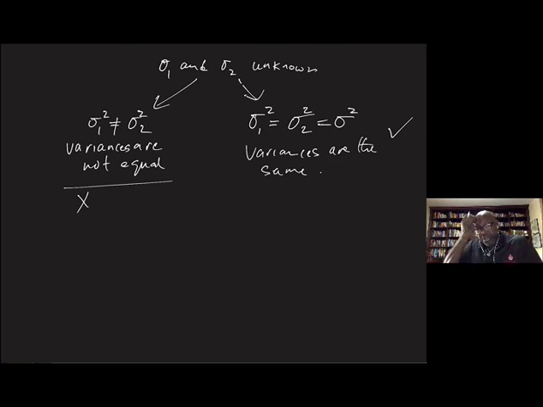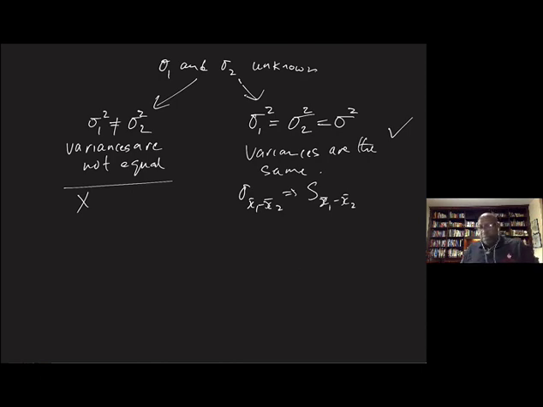And in the case where the variances are the same, we will estimate sigma x bar 1 minus x bar 2 by this s x bar 1 minus x bar 2. In other words, sample estimates population parameter. So we will estimate with that.